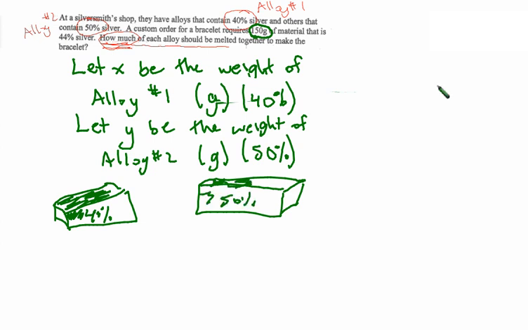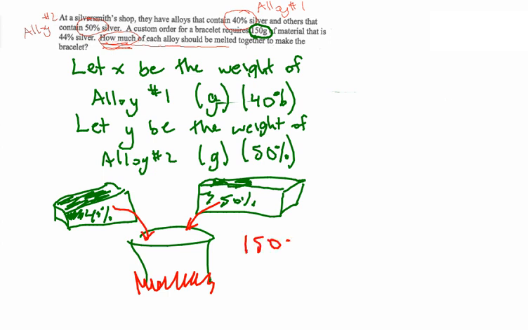And what I'm going to do is I'm going to throw them both into a pot. And that pot is very hot. It's on fire. So that I can melt them together into this pot and create 150 grams total, that is 44% silver.